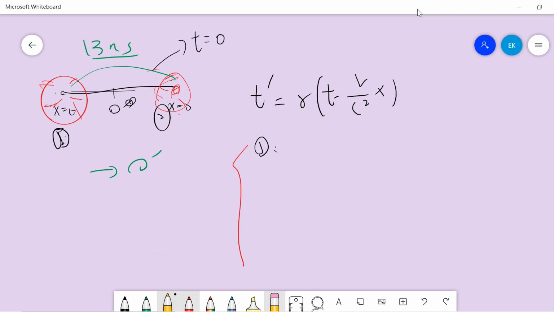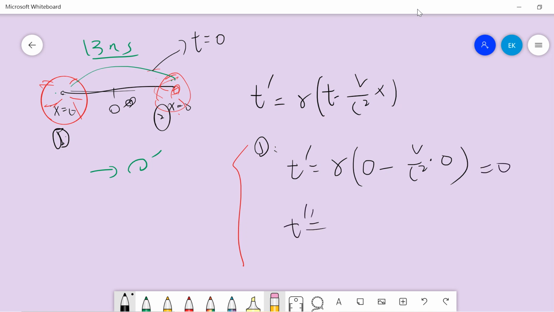So we have some t prime which we don't know. It's gamma times x0 minus v over c squared times 0, because x is 0, so t prime is 0. Some t double prime which we don't know is gamma times t, which is 0, plus v over c squared times some x, which we don't know. So we just write it down.